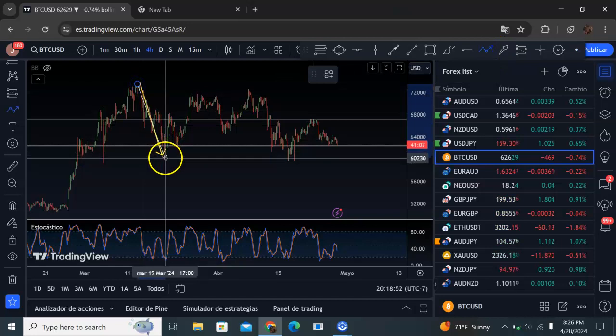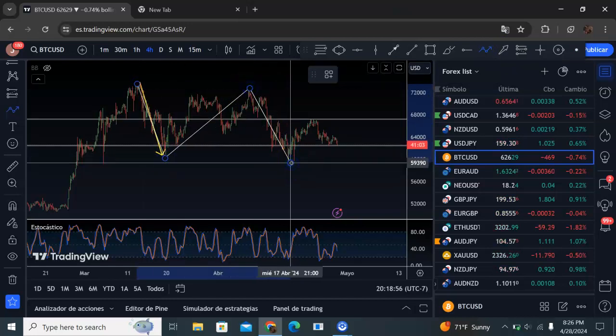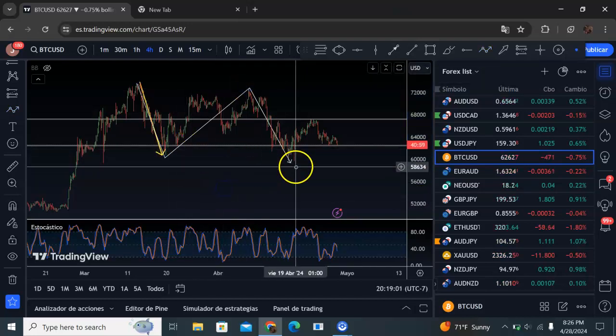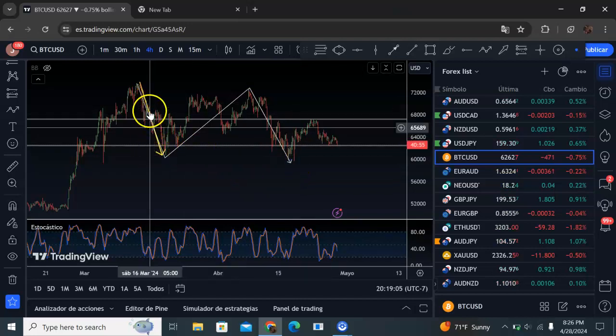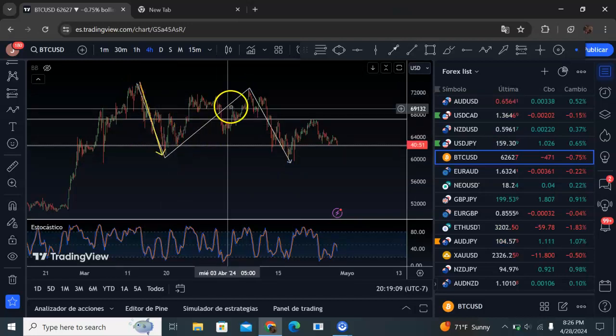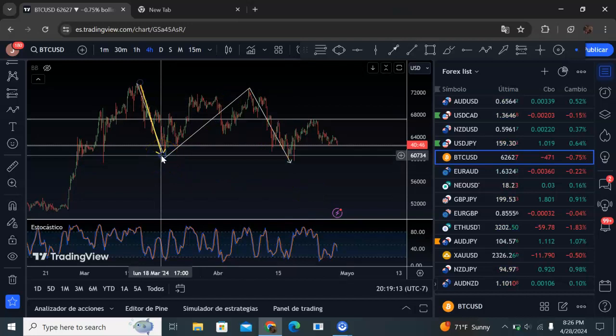From here, here, there, and there. So the reason I say this is my newest low right there is because the market went this way, it went up, then it broke, it went down, it broke the structure right here.